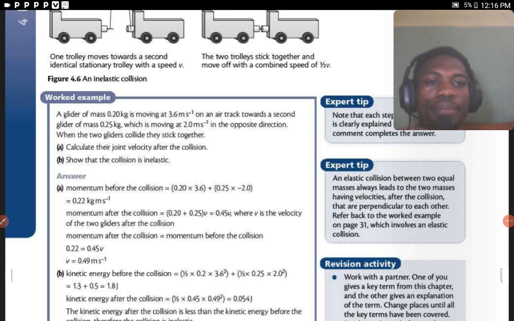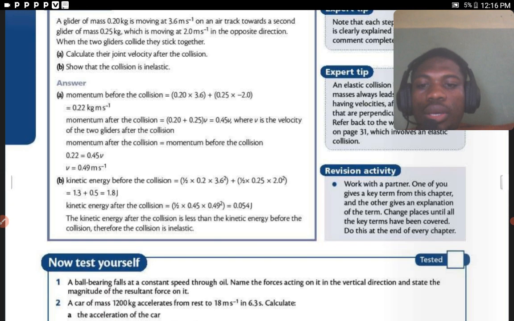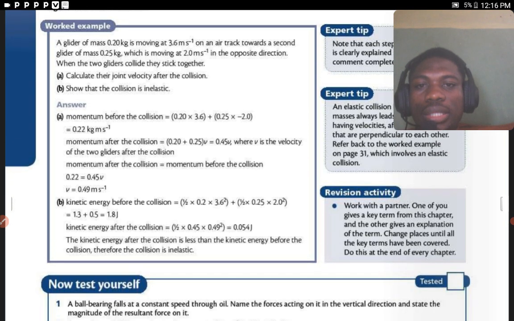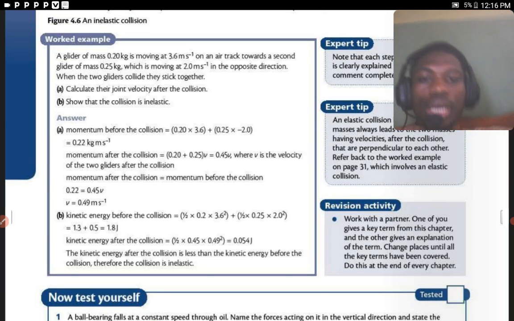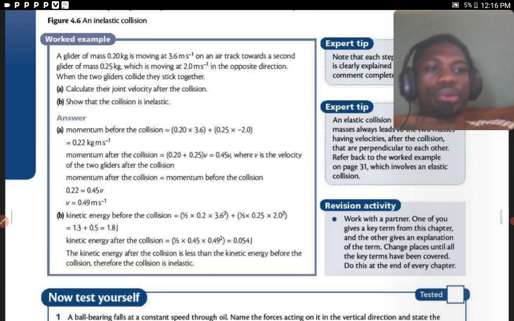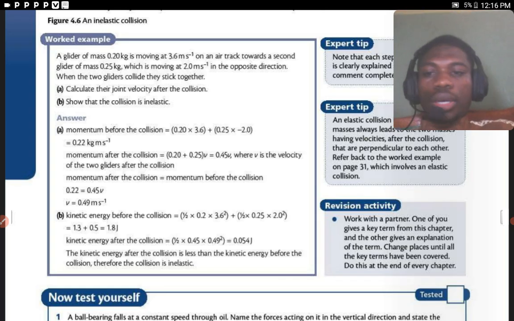We're talking about inelastic collision. To better understand everything there, I'll have to take an example. We solve it together so that you understand things well. All right, guys. Take this example. I'll read the question.